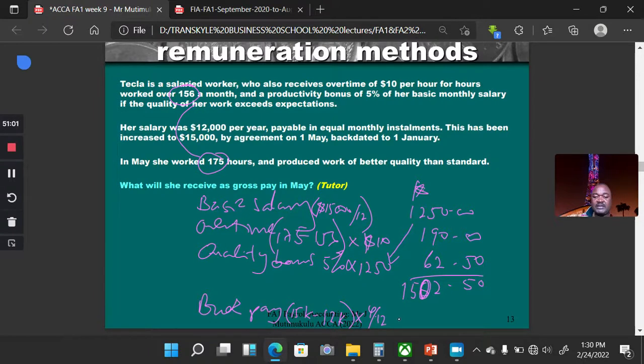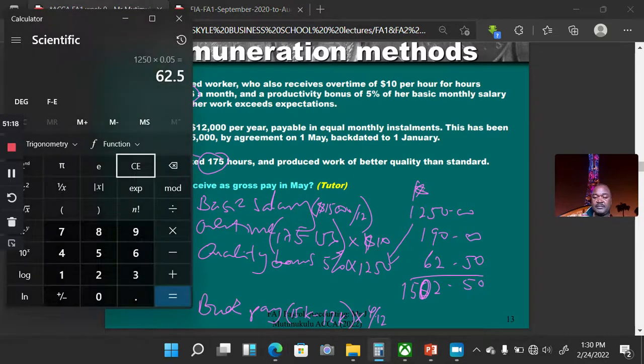This 15,000 or 12,000 was an annual figure, so this is why we are dividing by 12. But if it was a monthly figure, then we were only supposed to multiply by 4. But these are annual figures, so they have to be adjusted by 12 months. So 15,000 minus 12,000, that's 3,000 multiplied by 4/12.